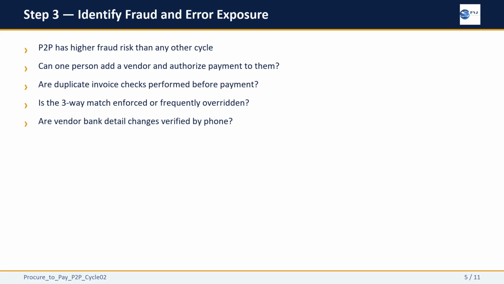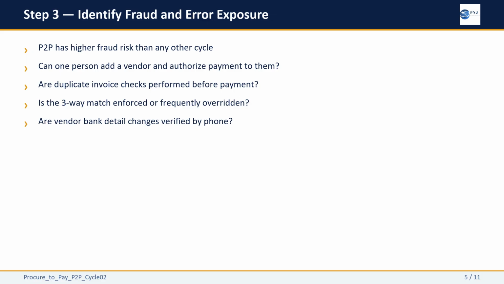The third step is a targeted fraud and error risk assessment. In P2P, this is not a generic internal controls review. It needs specific questions about the highest risk failure points. Can one person add a vendor and authorize payment to that vendor? If yes, fictitious vendor fraud is possible. Are duplicate checks run before every payment run? If not, duplicates are happening and are not being caught.